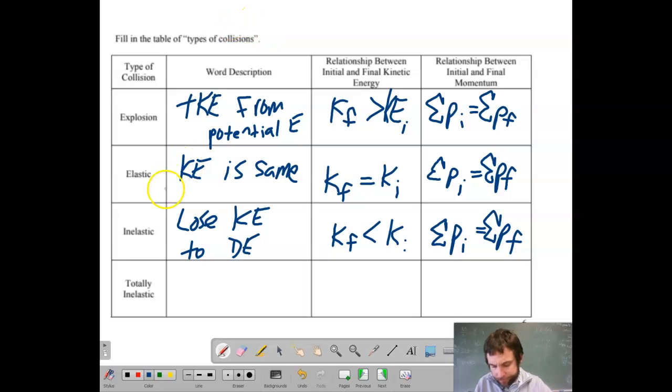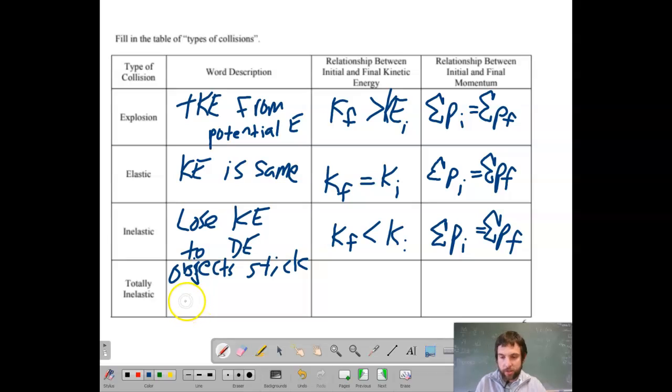So in this, you're going to lose kinetic energy. So speed is going to be lost. It has to be dissipated energy through heat and sound, specifically. So for this, I would say objects stick as a result of a collision.